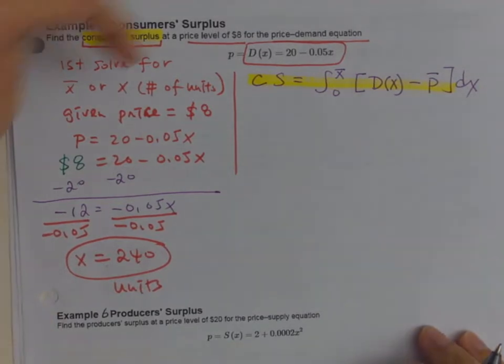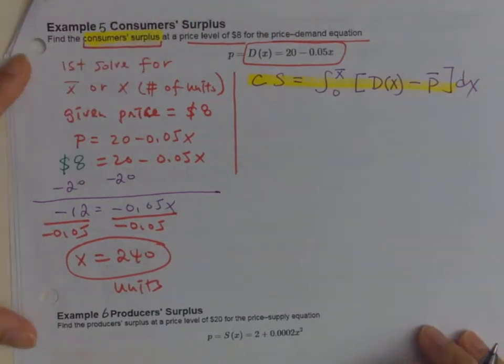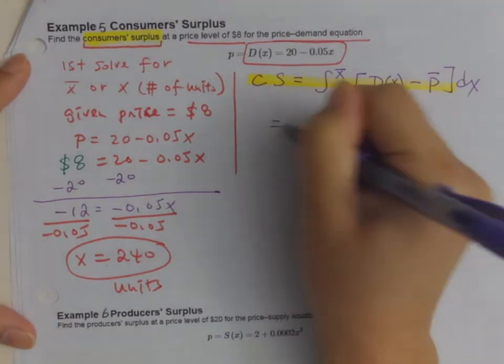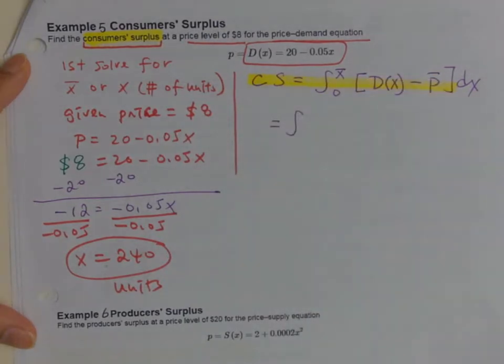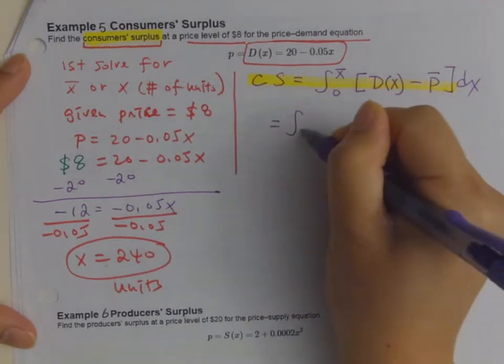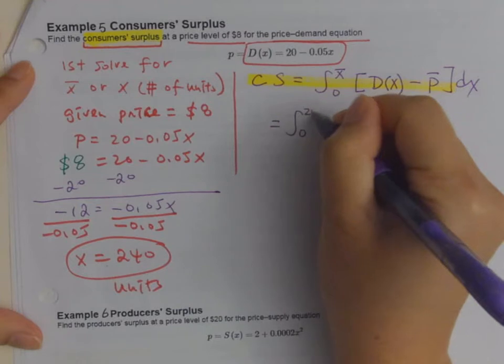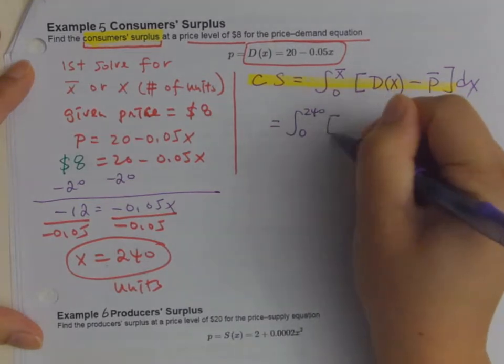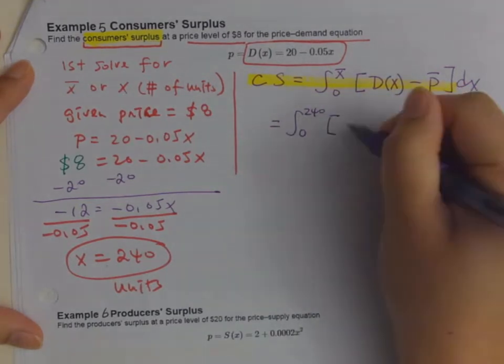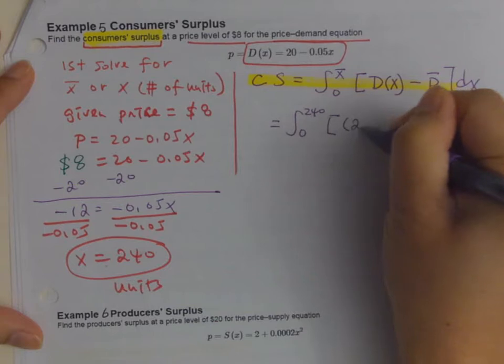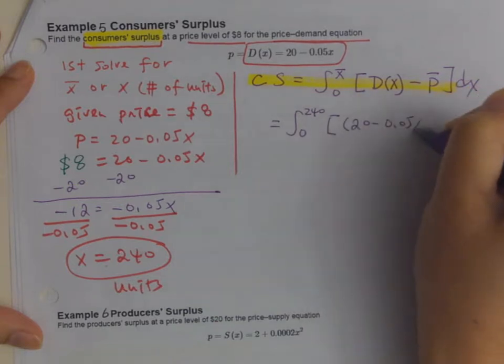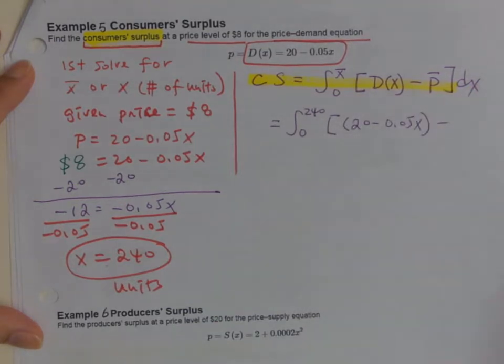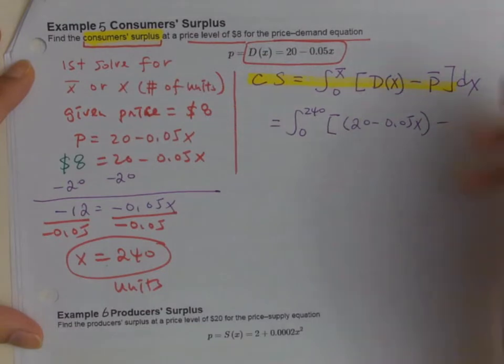So this is not a super difficult function to take the integral of, so that's the good news. We have 0 here and how many units? 240. And then I put my D function in, which is 20 minus 0.05x, and I need to subtract my price. Price is $8, right?